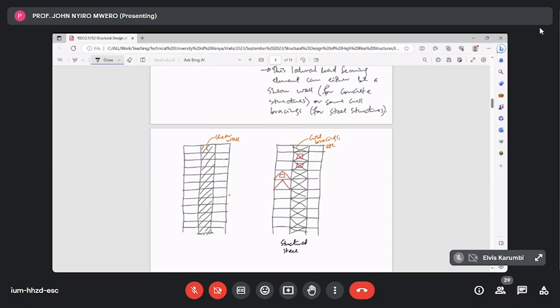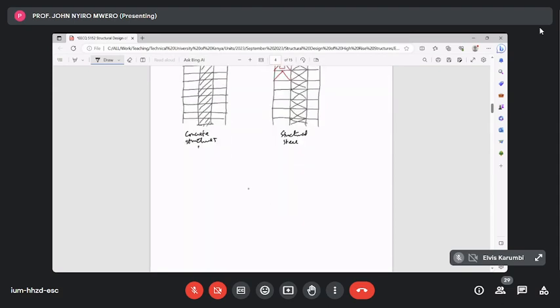This would be done for concrete structures. Sometimes in some buildings you find a combination of these has been done. So right here it's possible to also do a combination of these.